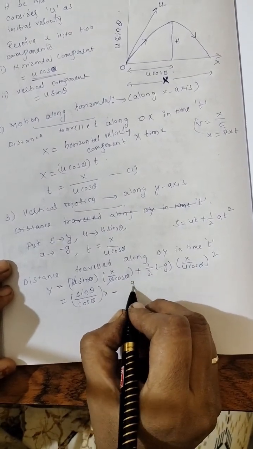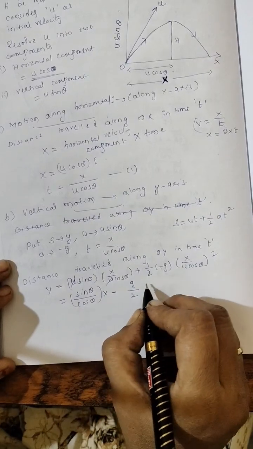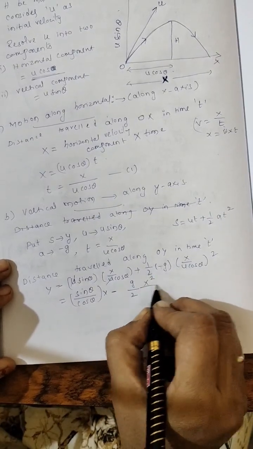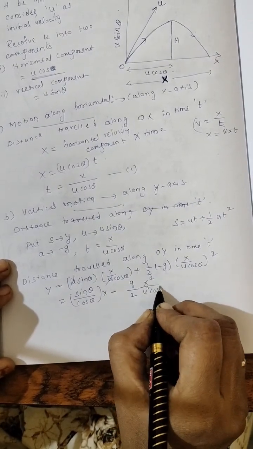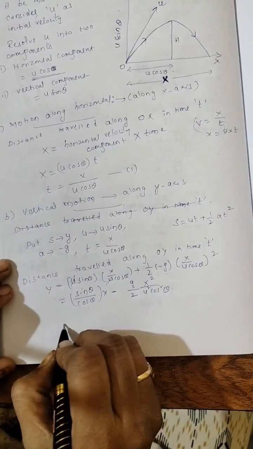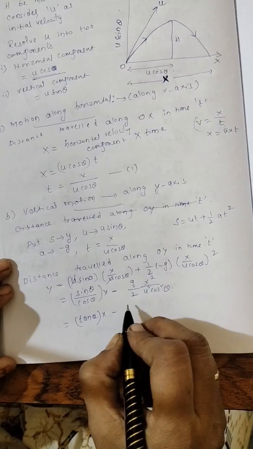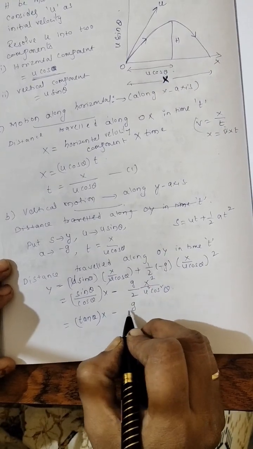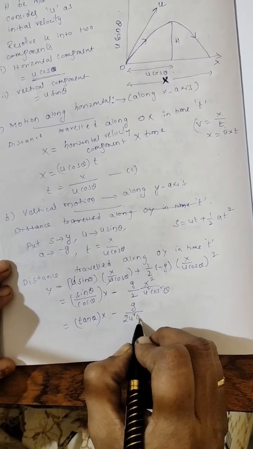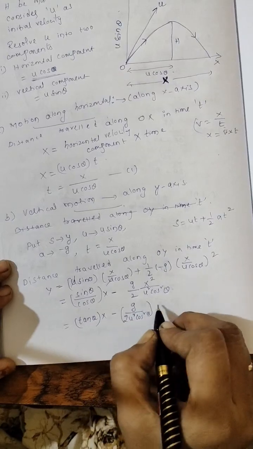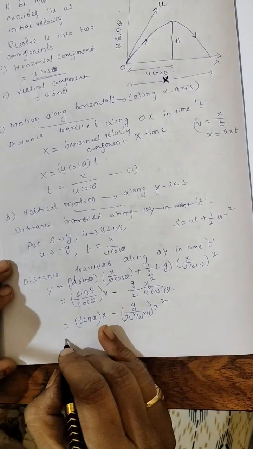Minus g, 2 is in the denominator, and whole square gives x square by u square cos square theta. Sin by cos is tan theta, minus g by 2 u square cos square theta times x square.